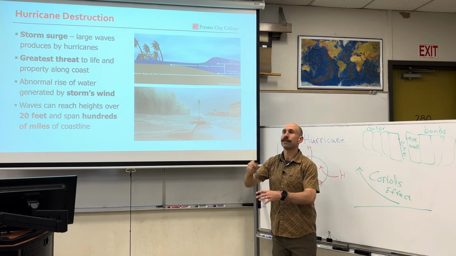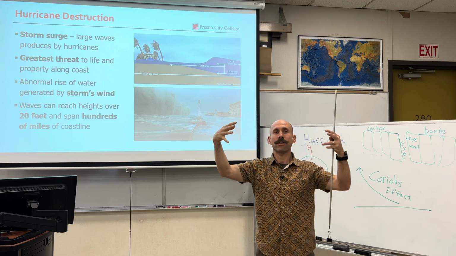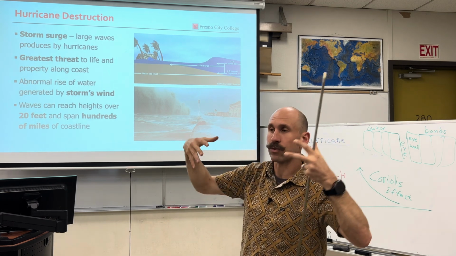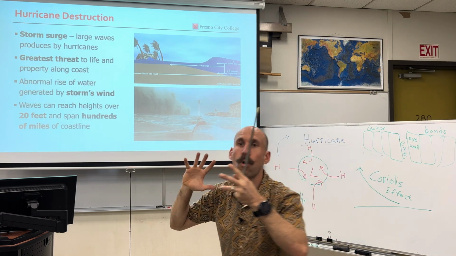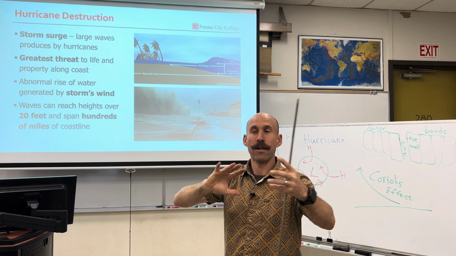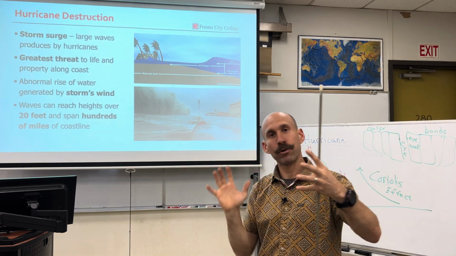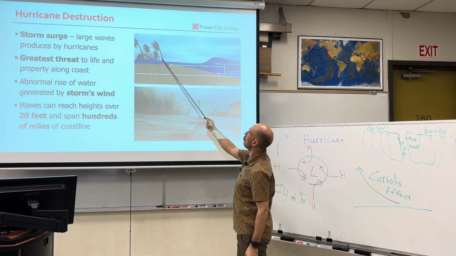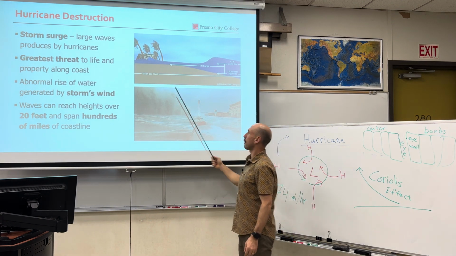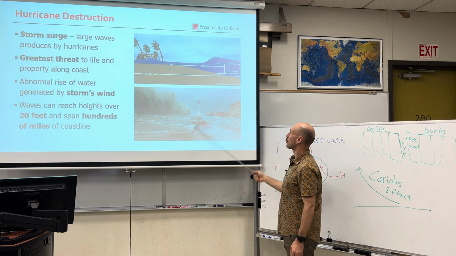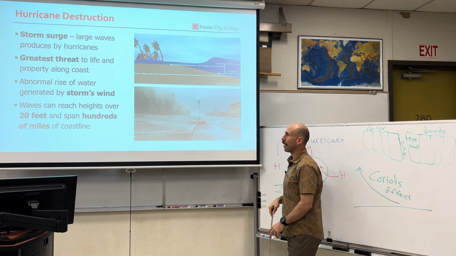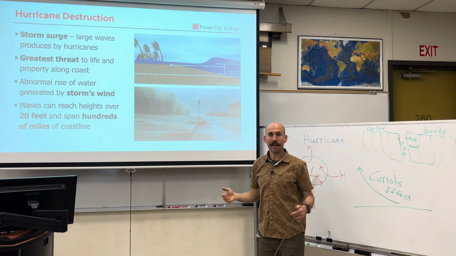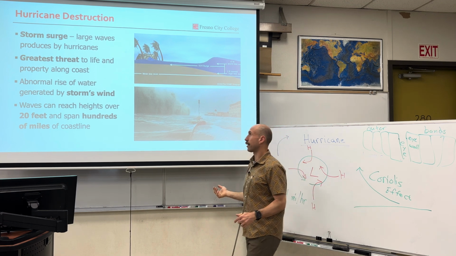As these hurricanes are out in the ocean, the winds will create a huge wall of water that, when the hurricane gets close enough, it pushes up and over, and it can move very far inland. Waves can be up to 20 feet, spanning hundreds of miles of coastline, and completely inundate and destroy coastal areas.